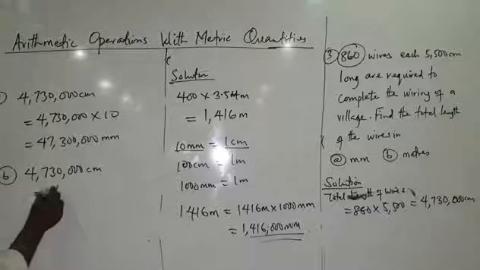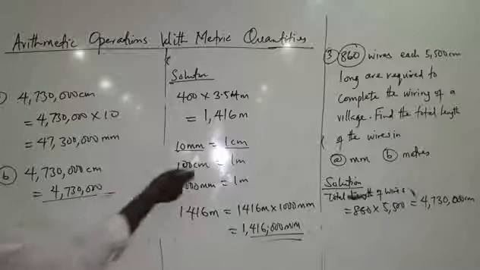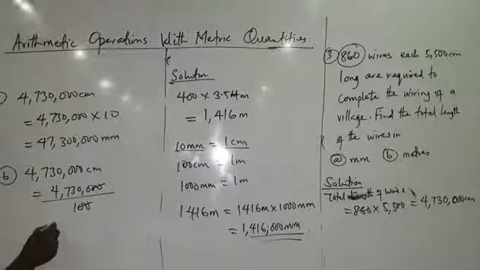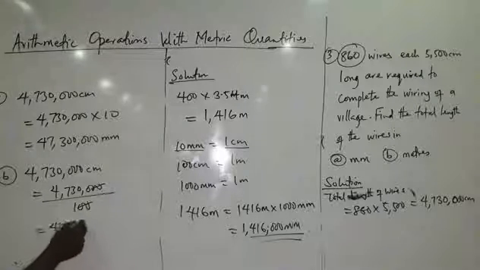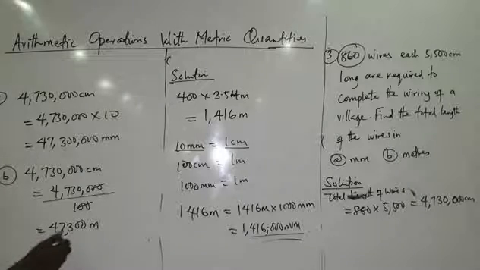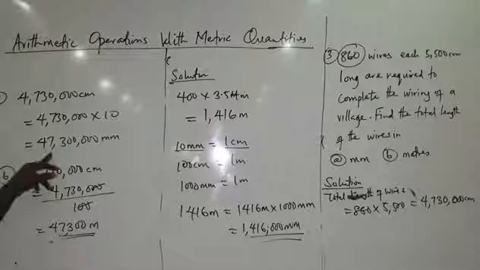So 4,730,000 divided by 100. So 0 cancels 0. In that case, we have 47,300 meters. So this will be the total length of wire to wire the whole village in meters and also in millimeters.